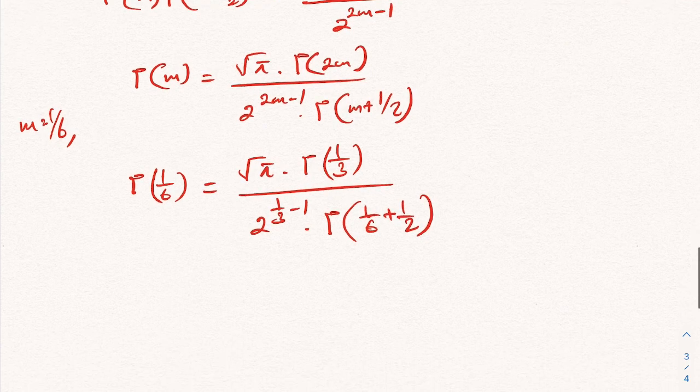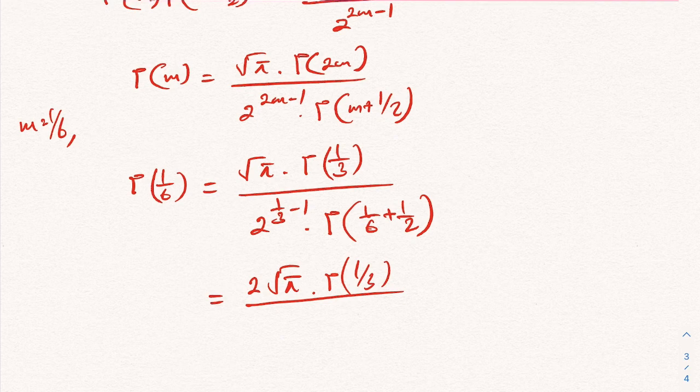Okay, let's simplify. Here 2 to the minus 1 we can write in the numerator, 2 times the square root of pi times gamma of 1 over 3 over here 2 to the 1 over 3, we know cube root of 2, times here we have, if we simplify, gamma of 2 over 3.